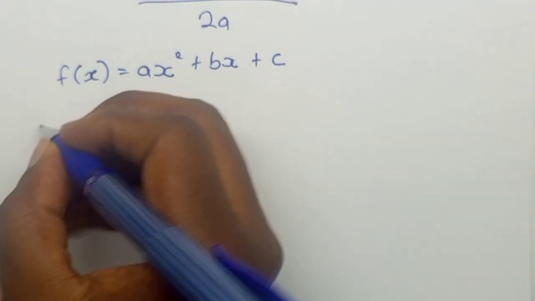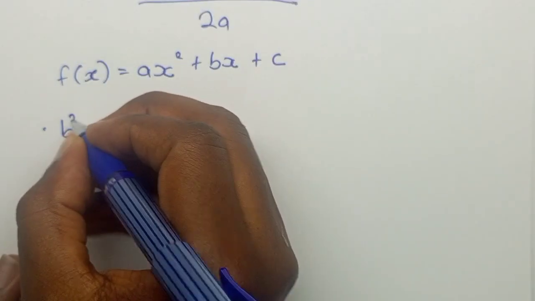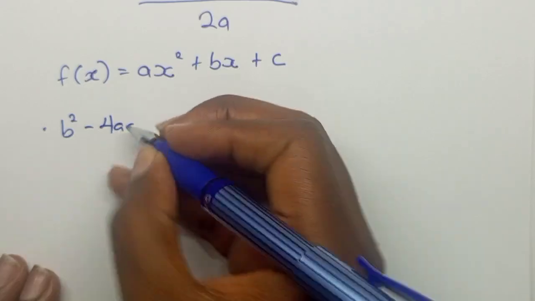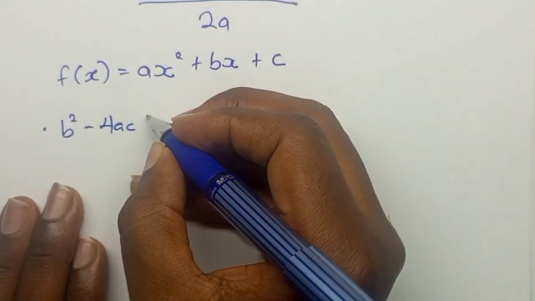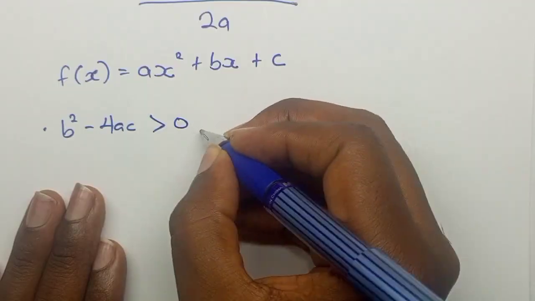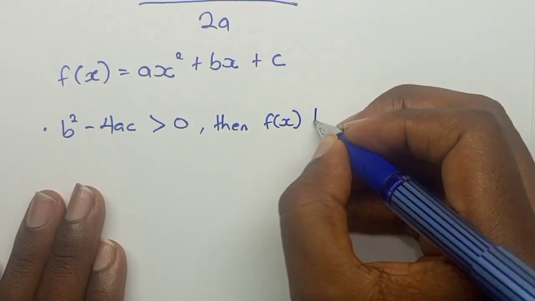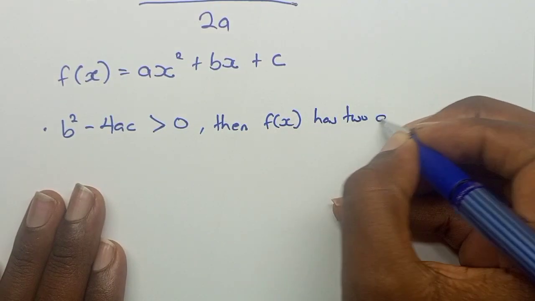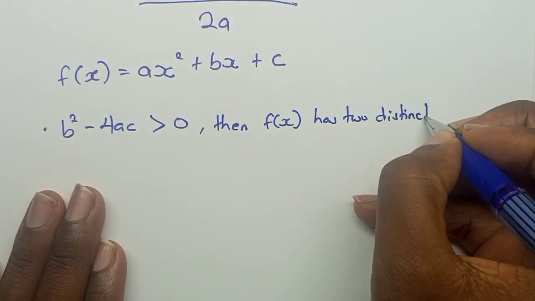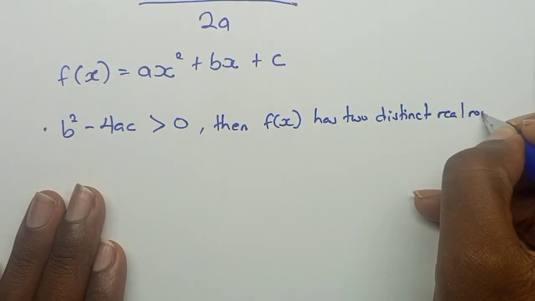For example, if b squared minus 4ac is greater than 0, then f of x has two distinct real roots.